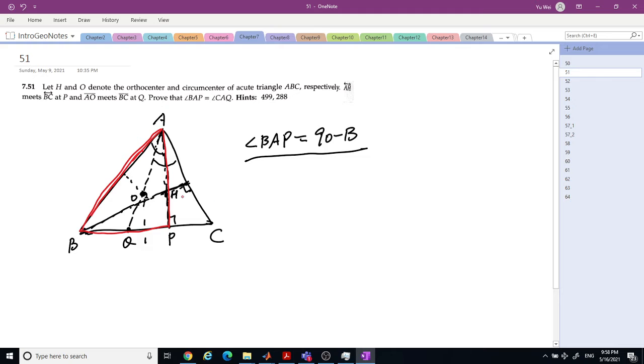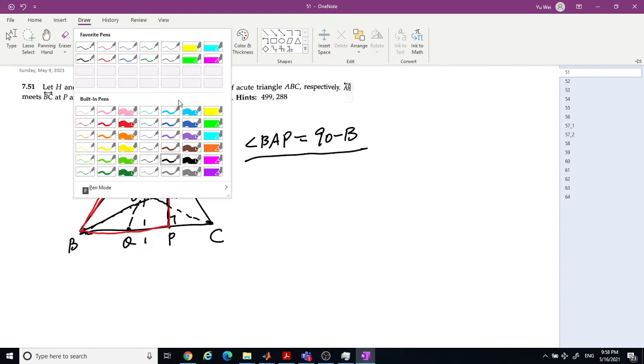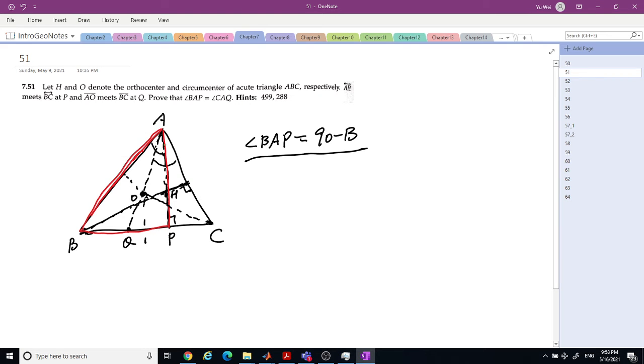Okay, so now we can see CAQ. Let me use another color. So OA is equal to OC equals R. Now B is the inscribed angle, and AOC, the central angle, is equal to 2B.